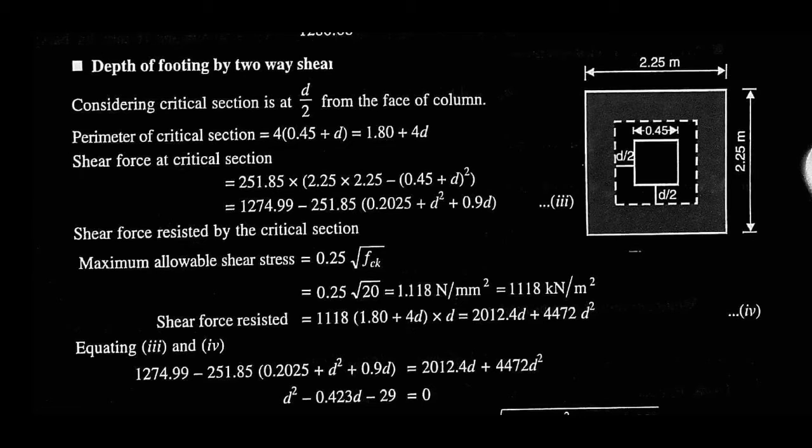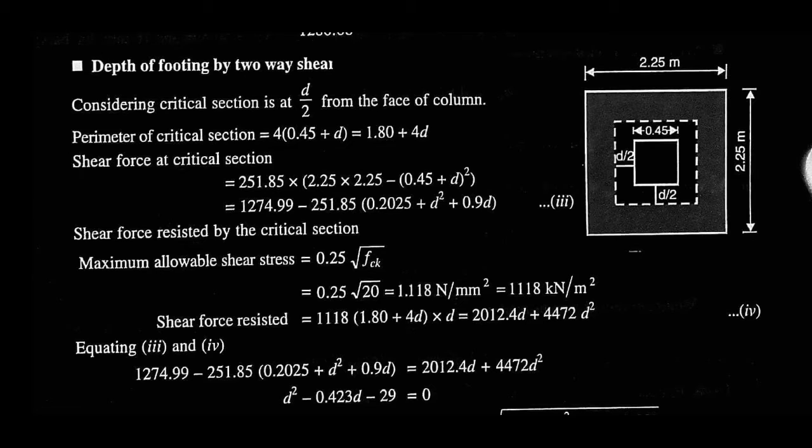So perimeter of the critical section will be 4 into 0.45 plus d. 0.45 is the value of one side of column, that is equals to 1.8 plus 4d.